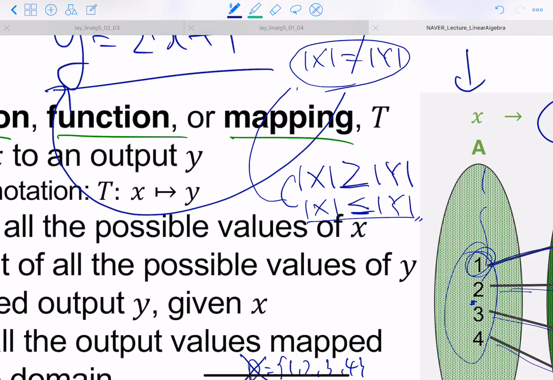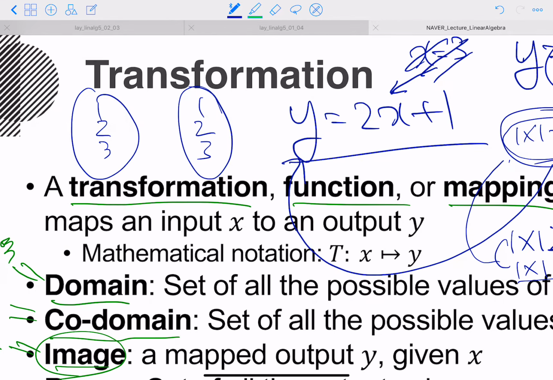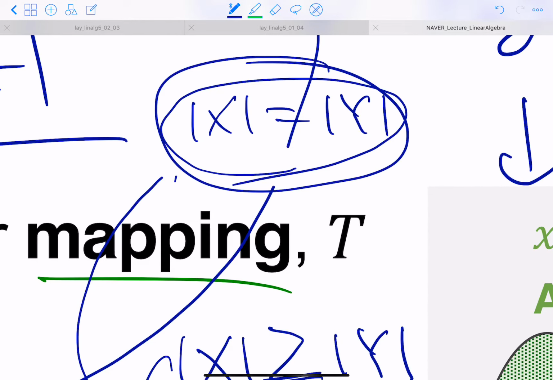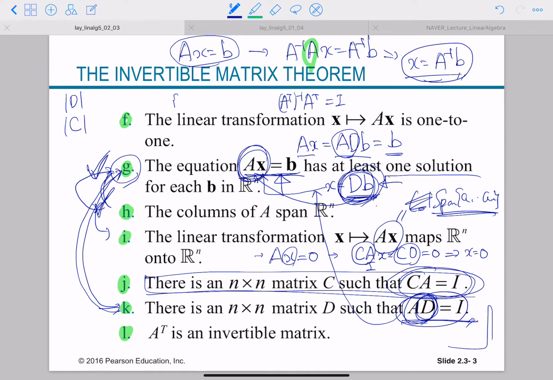It is not. It is only part of the condition. For example, with 1, 2, 3 mapping to 1, 2, 3, it satisfies this condition, but is it onto or one-to-one? It satisfies neither of them. So this is a necessary condition, but that is all we know. And then back to this case.